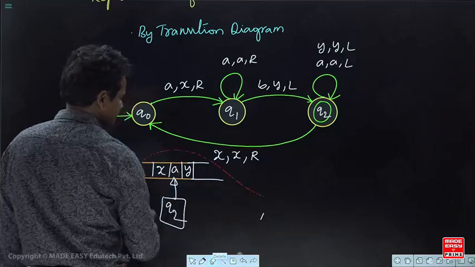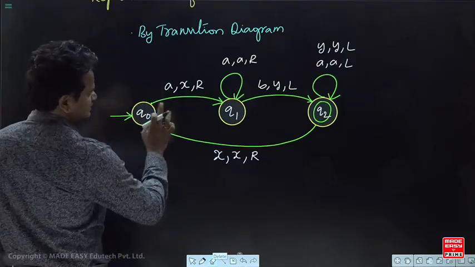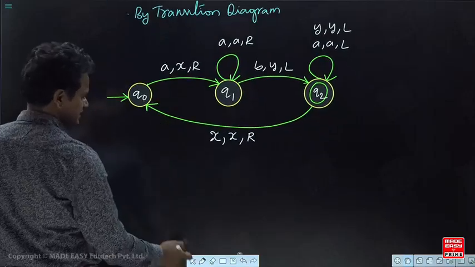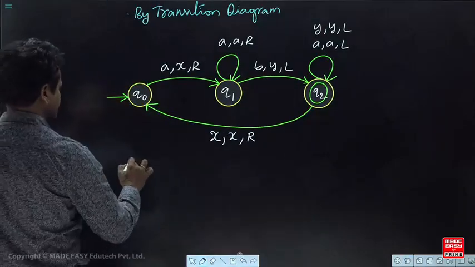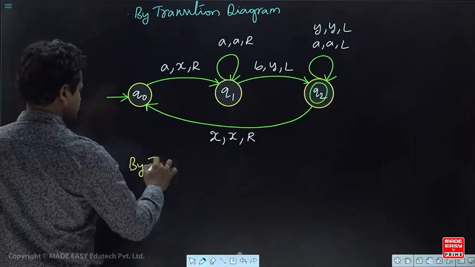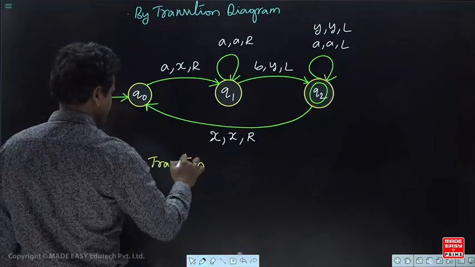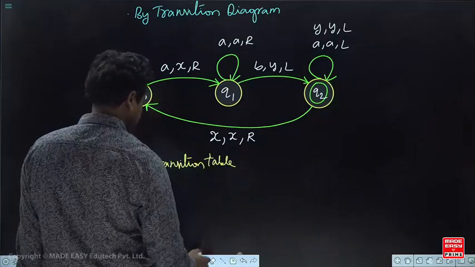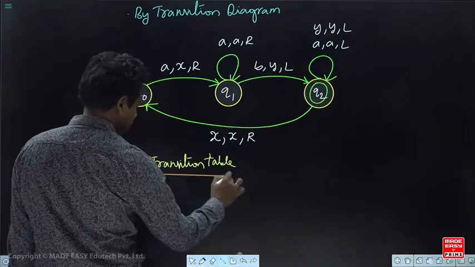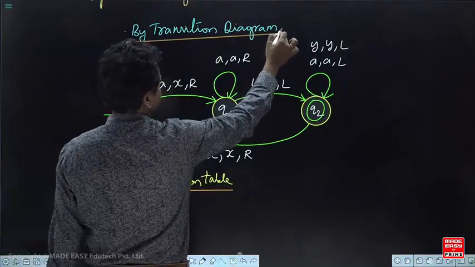So this is the way of representing the machine by transition diagram. The same you can represent using the transition table.